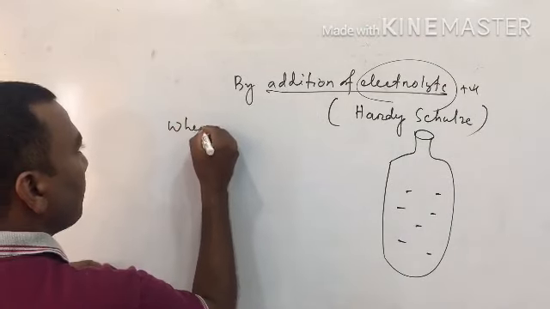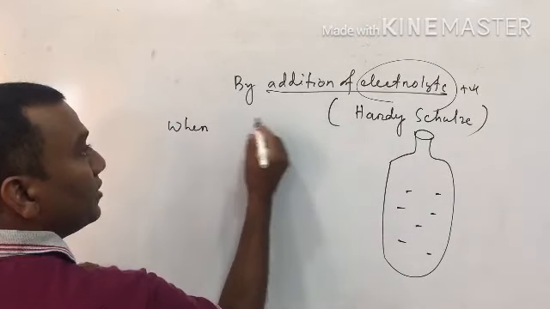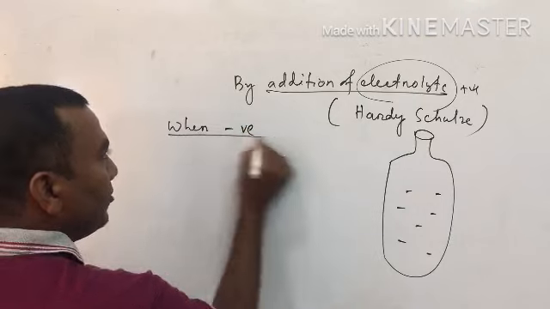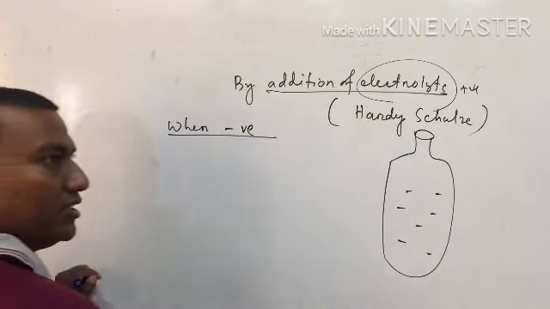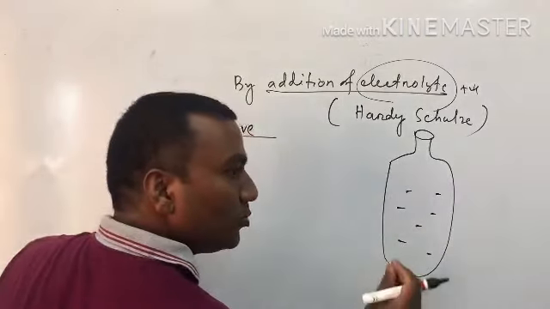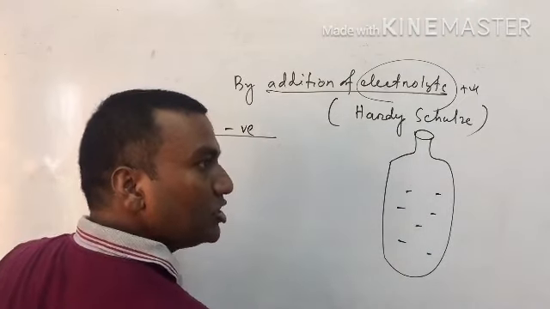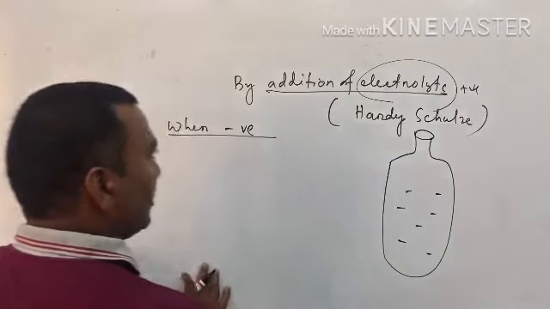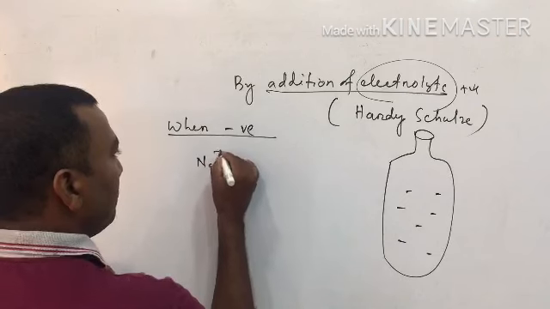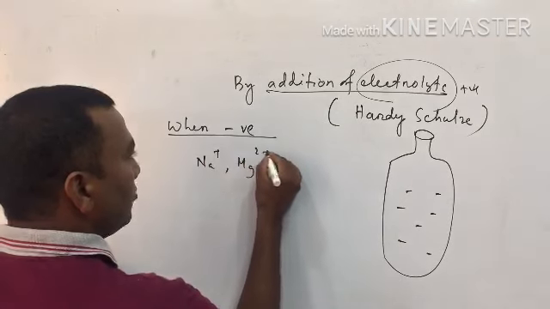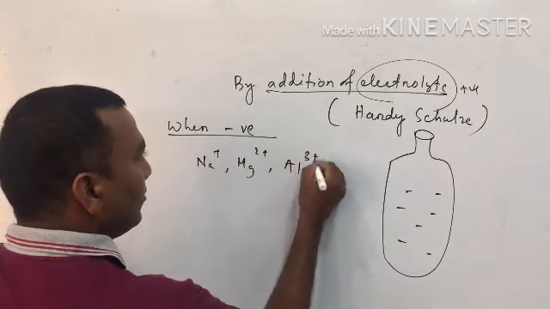When the negative colloidal solution is present, the electrolyte whose positive ion has more charge coagulates faster. Suppose you see Na+, Mg2+, Al3+.